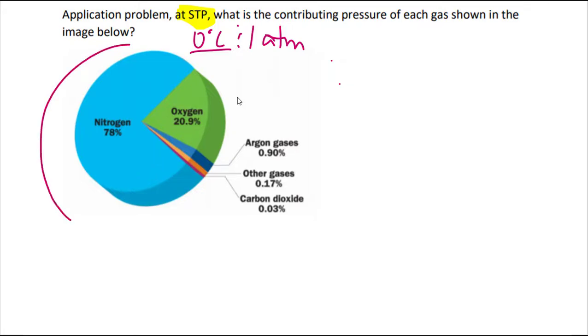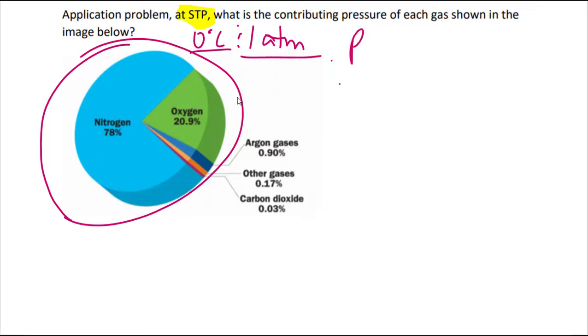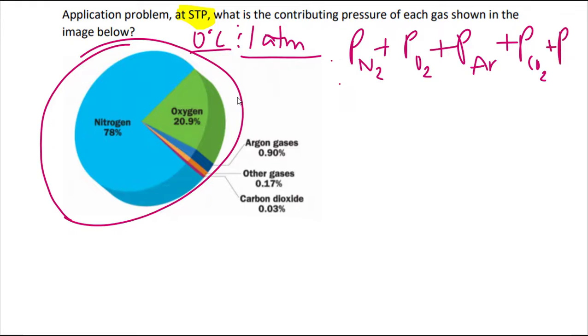So we know that in this image, this is a whole unit, a whole. We want to know the contributing pressure of each gas if this whole thing is 1 atm. So remember, in order to do that, I need to take the pressure of my nitrogen, add my pressure of oxygen, add my pressure from the argon, add pressure from CO2, and add my pressure from other.